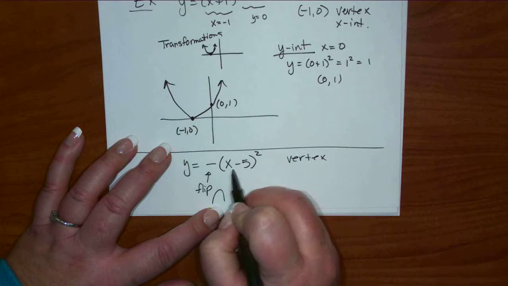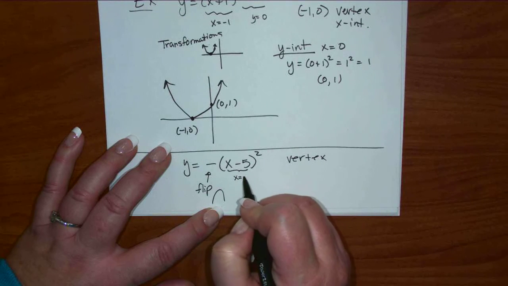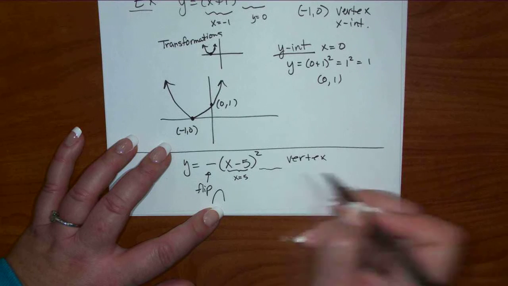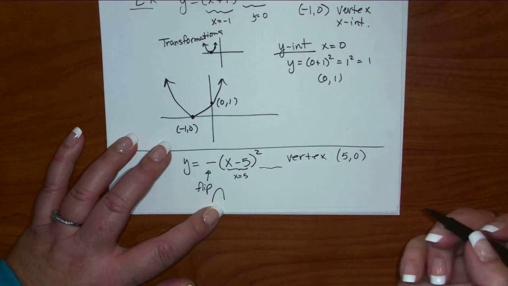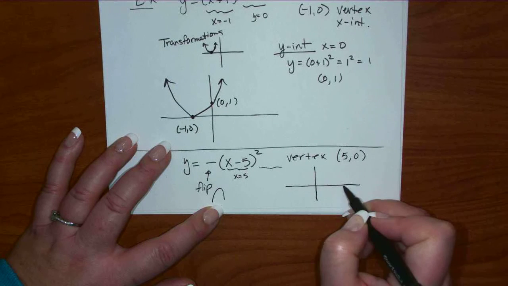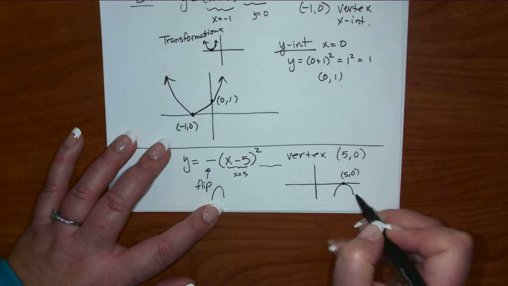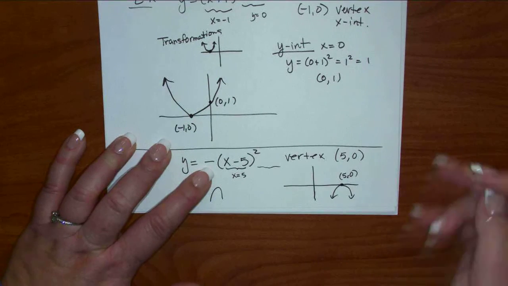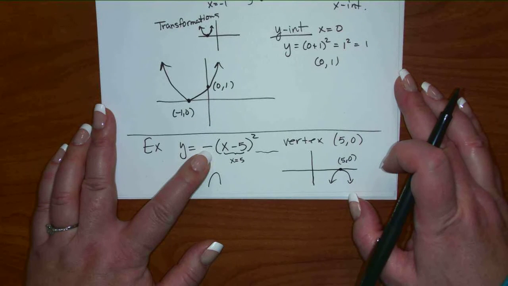So what makes this 0? 5. And there's nothing added here. So 0. 5, 0 is over here. And it opens down because of that. Do we need to find X-intercept? No, we already have it.